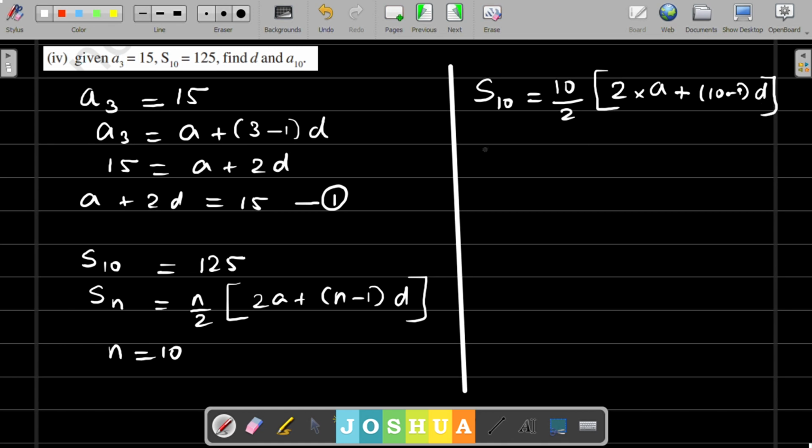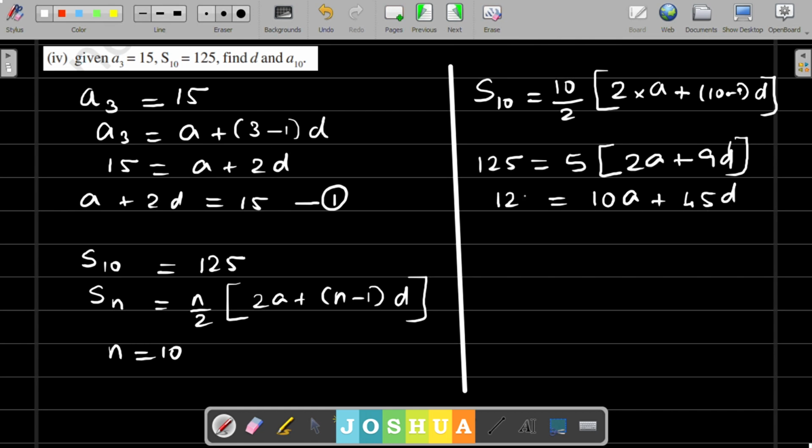So now s10 is nothing but 125. 125 is equal to 5 times 2a plus 9d. Now I expand this: 5 twos are 10a plus 45d, that is equal to 125. I call this equation number 2, but to write it in a better way, 10a plus 45d is equal to 125. So this is equation number 2.